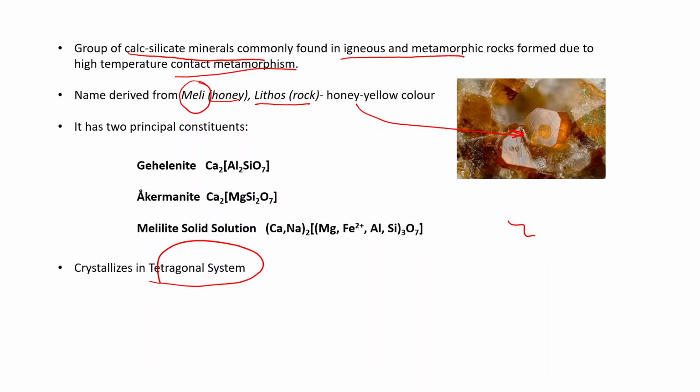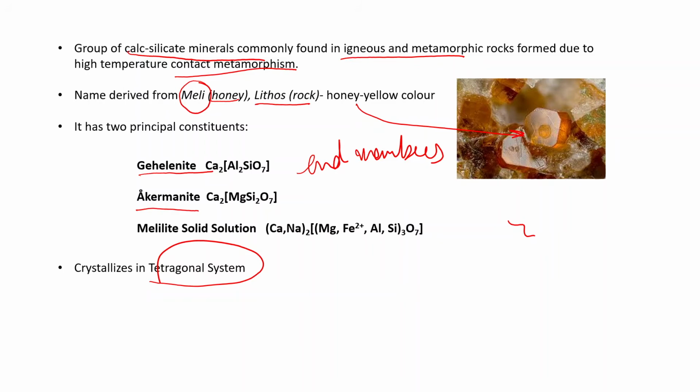Normally, it has two principal constituents, that is, two principal end members. These are gehlenite and ackermanite. Gehlenite has the chemical composition Ca2Al2SiO7, while ackermanite, which is a more common melilite, is Ca2MgSi2O7.